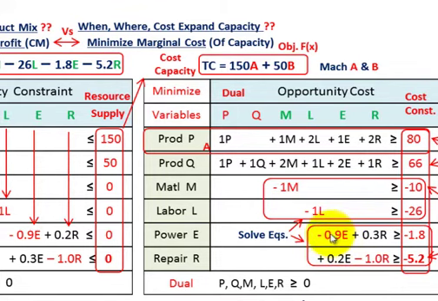They now become minus 0.9 and plus 0.3. So that column for E in the max problem becomes the row for power E in our min problem. And the same for R: that column in the max problem becomes the row in the min problem. Just so you keep those different coefficients straight. Okay, so that's our problem.